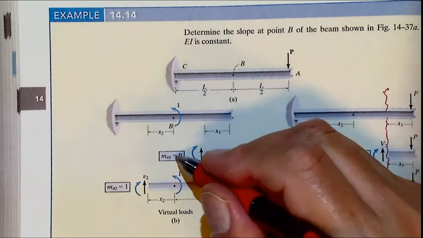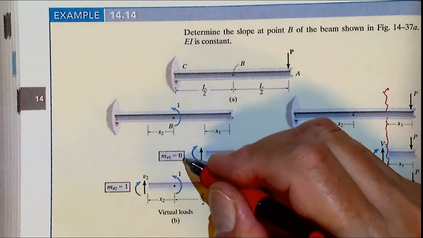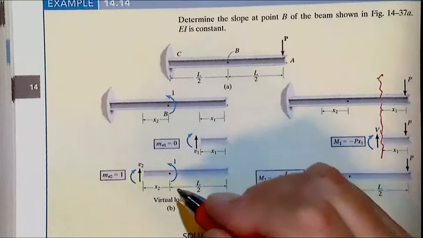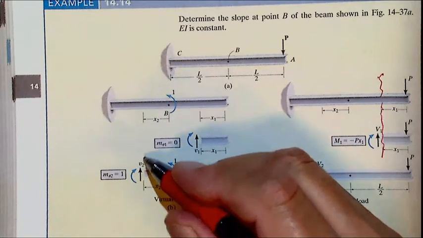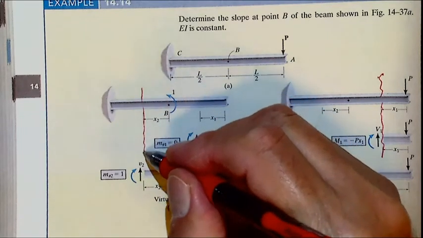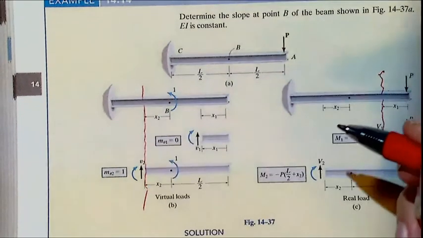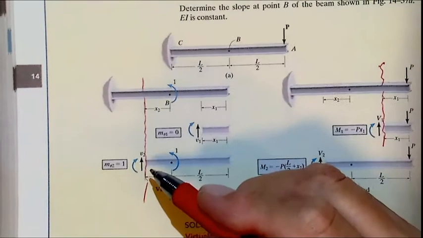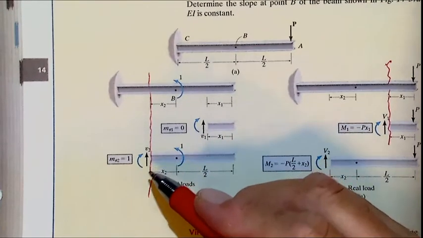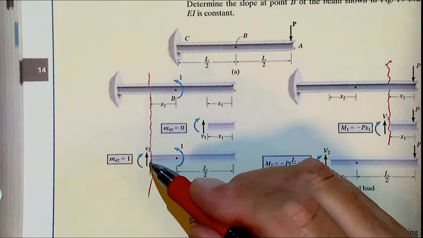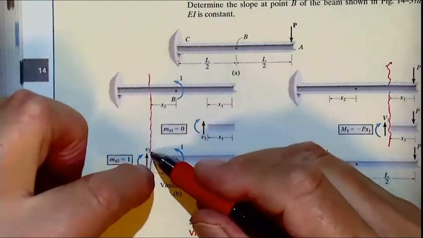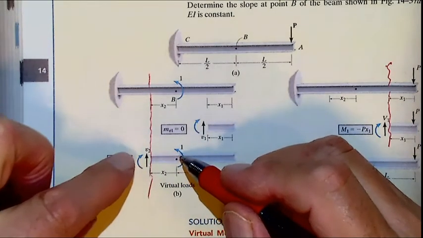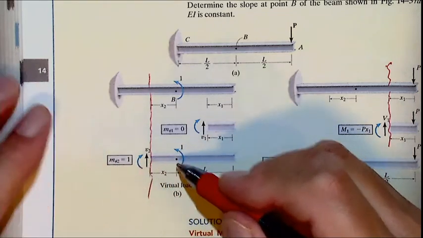M theta 1 equals 0. Here, on the right-hand side, if I do a cut here, then Vy is, M theta 2 equals 1. And upper fibers are in compression, so therefore this M theta 2 equals positive values.